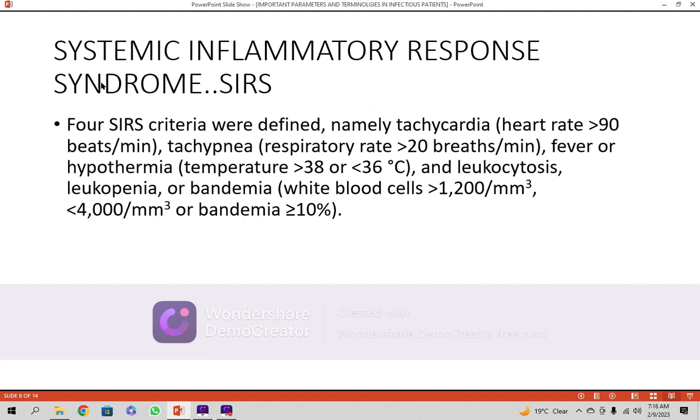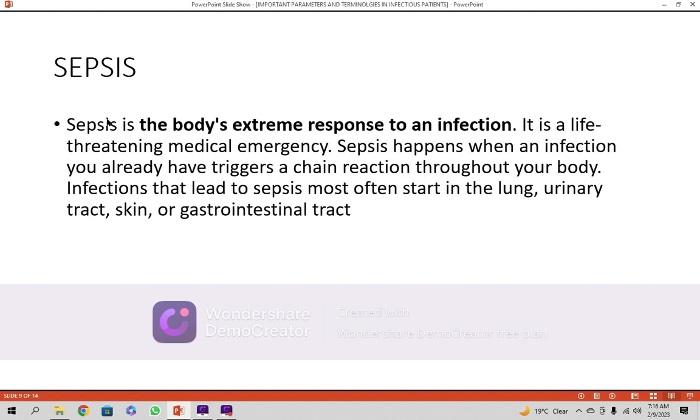come out from it, because it will go into another stage of the disease that is called sepsis. Now, sepsis is the condition in which there is a microbiological proof of the infection in the body or in the blood. So blood culture or other cultures will identify that sepsis is there or not.